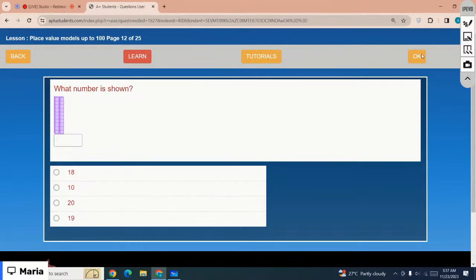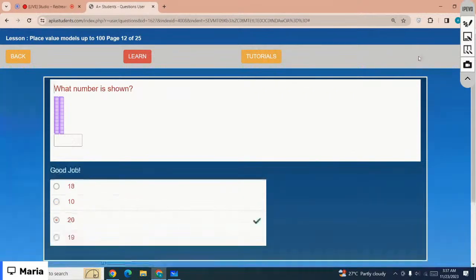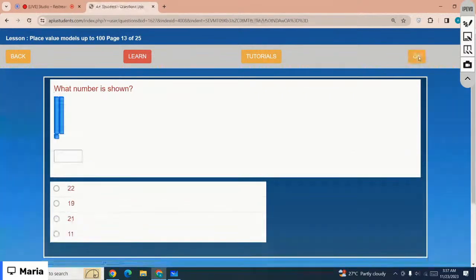You have just two lines for the tens, right? That means you are given two tens and no ones. So when you are not given any ones, that is zero. So together they make 20. The correct option is 20. Very good. What number is shown?